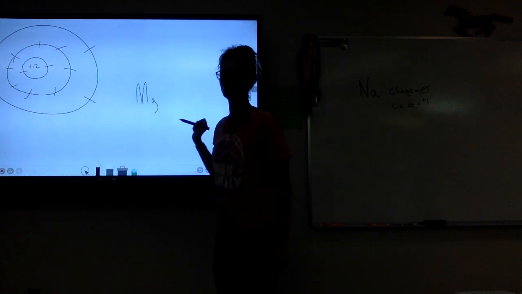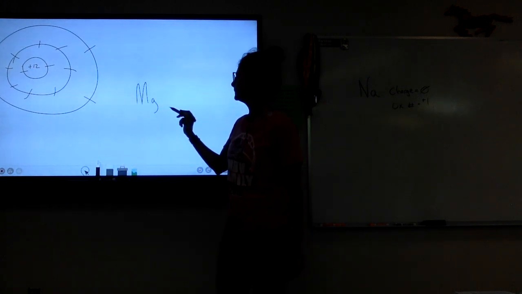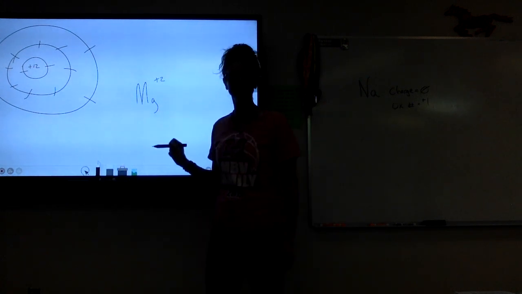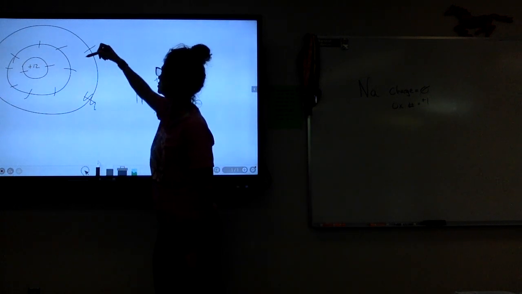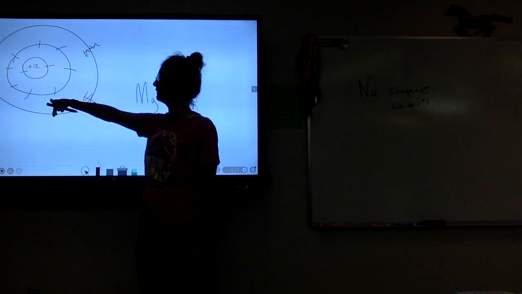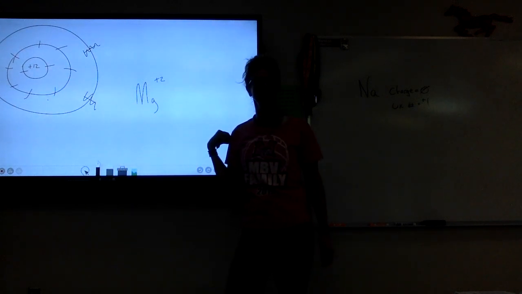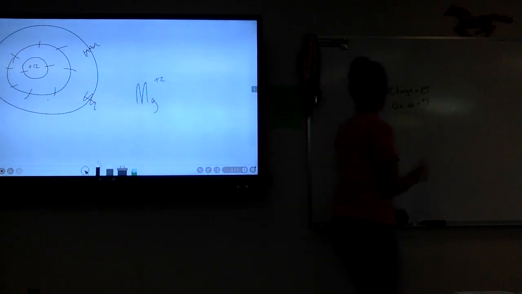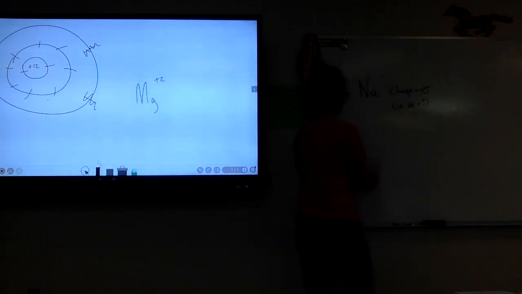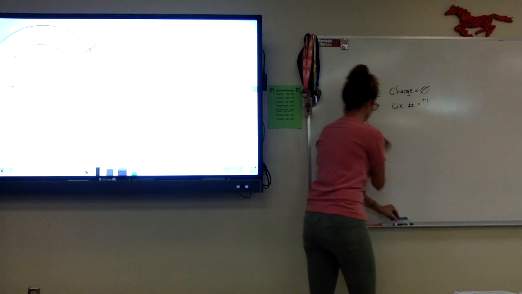It'll go from neutral to what? Positive 2. Do you see why it's positive 2? Because if it loses these 2 electrons, it's only going to have 10 negatives and 12 positives. Positive 2.